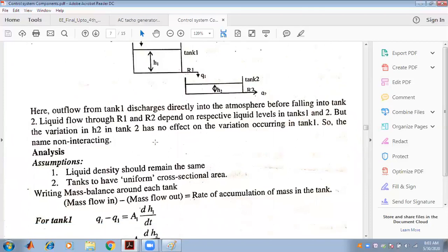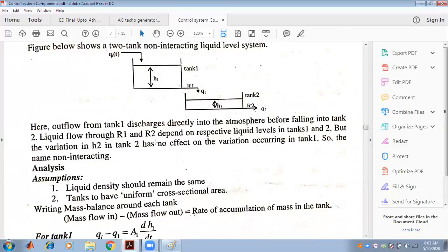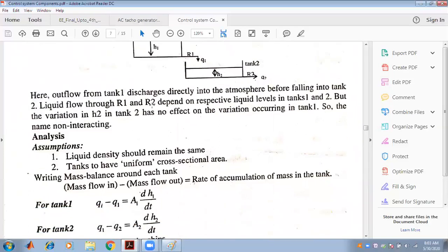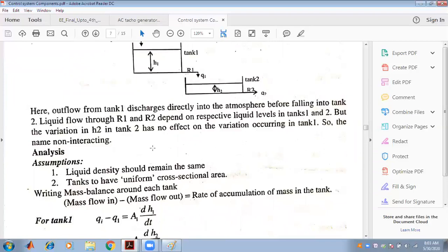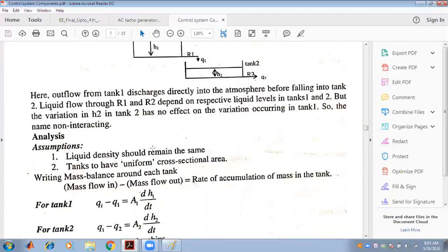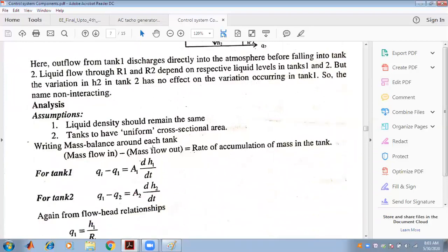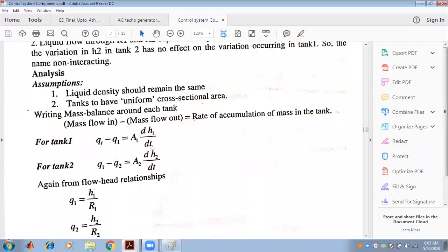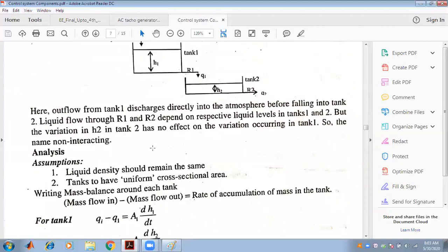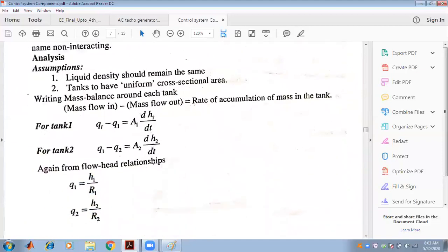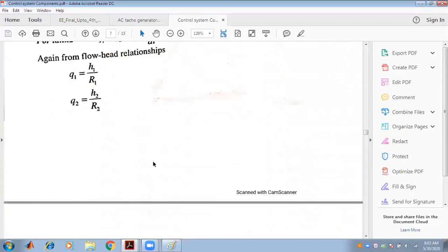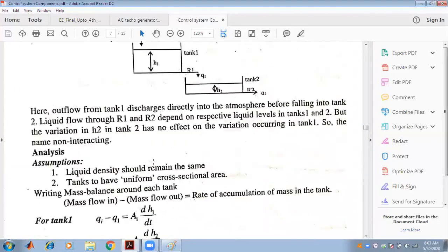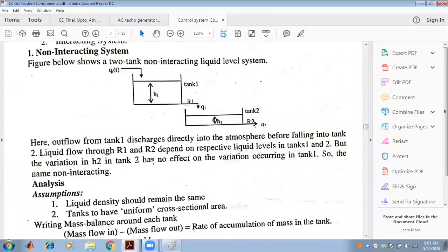For tank 1 it is Qi minus Q1 equals A1 times dH1/dt. For tank 2 it is Q1 minus Q2 equals A2 times dH2/dt. Again, from the flow-head relationship, Q1 equals H1 by R1, and Q2 equals H2 by R2. This is generally known as the non-interacting system.